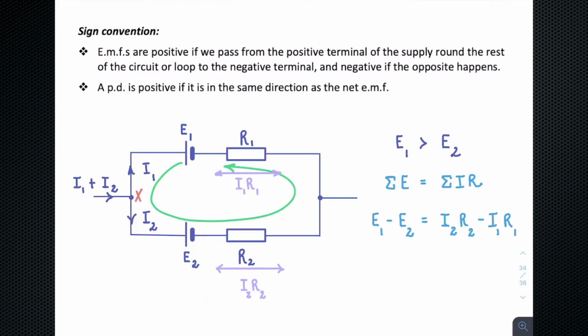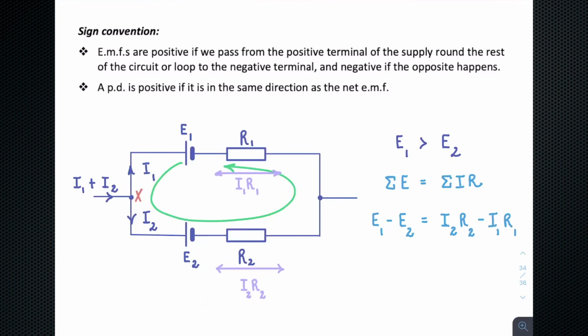Another way of looking at this is that to go around the loop as shown by the green arrow, with regards to battery 2, it's as if you're leaving from the negative terminal of the battery towards its positive. So that shows that E2 is in a negative sense compared to E1, obviously.